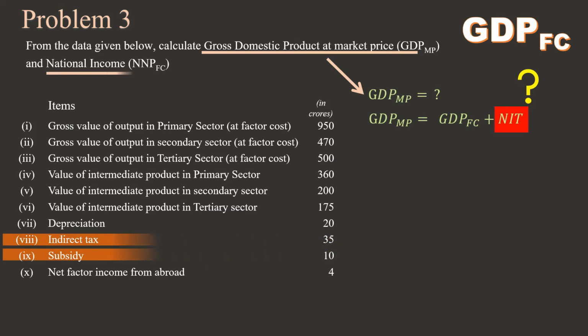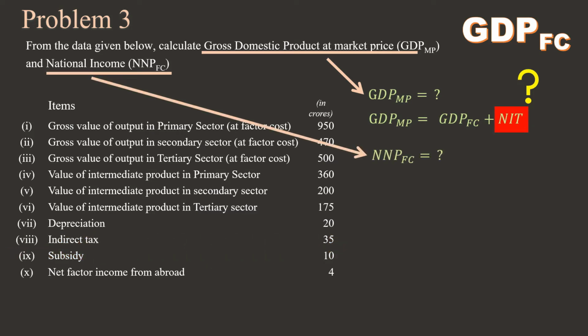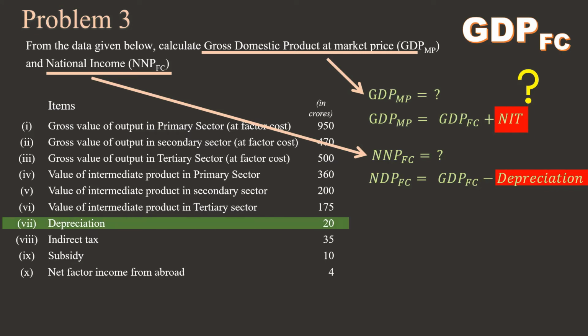Before calculating the next value, NNP at factor cost, once again have an idea about the steps involved. The flow of steps: NDP at factor cost equals GDP at factor cost minus depreciation. Search for depreciation. It is given.